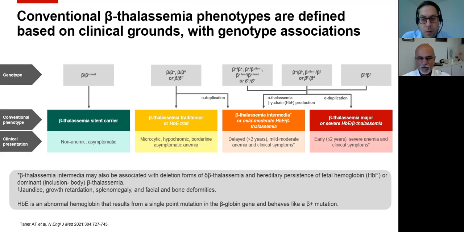As a result of these genotypes, we get the conventional phenotypes: the carrier, whether silent carrier or a regular carrier, the intermediate and the major. However, the clinical presentation will be from no anemia to mild anemia, to moderate to severe anemia, to anemia necessitating blood transfusion all through the life of these patients.